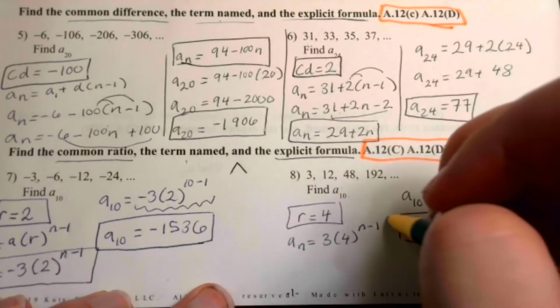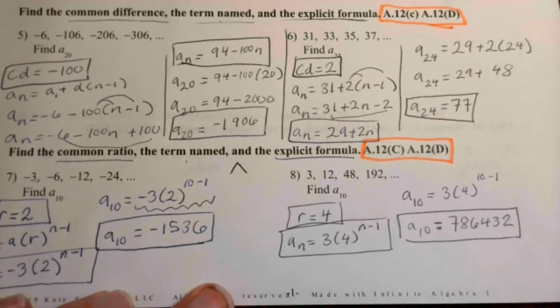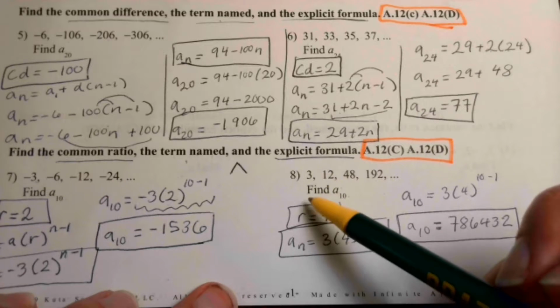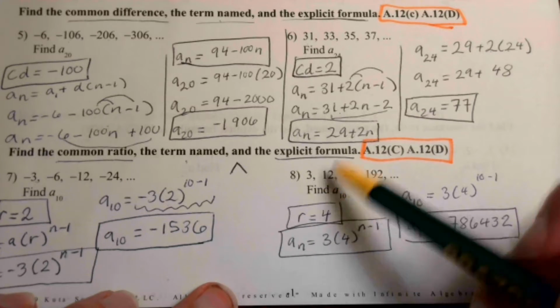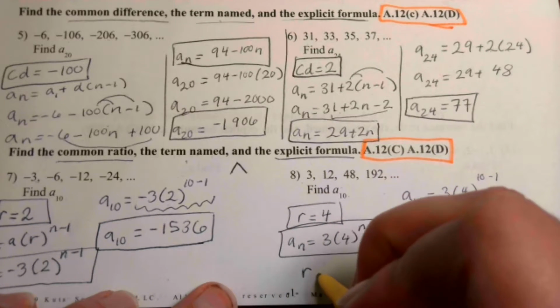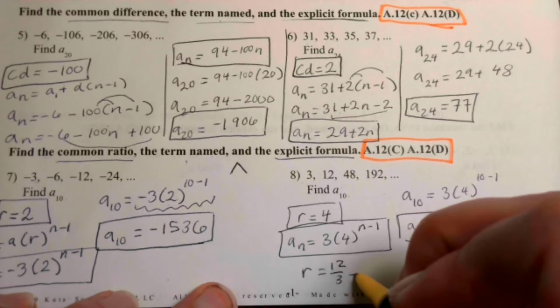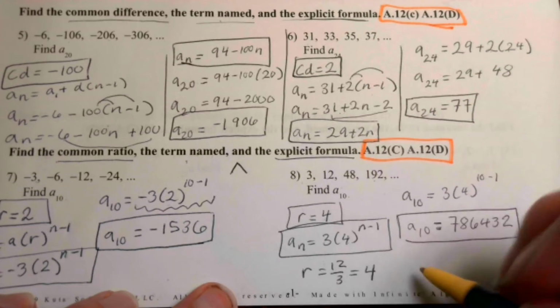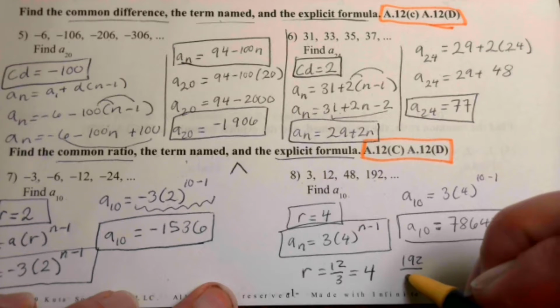Now make sure you have all 3 of those things. If you're having a hard time figuring out what the ratio is, just divide any 2 numbers that are next to each other. Put the second number over the first one. So for example, r would equal 12 over 3, which is 4. I could also have done 192 over 48.